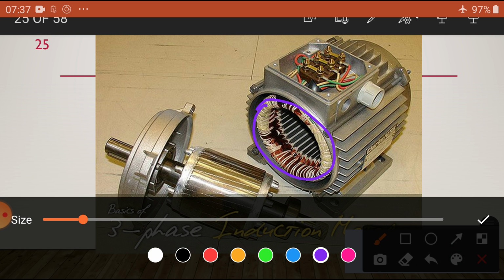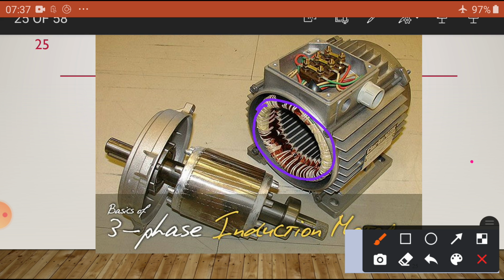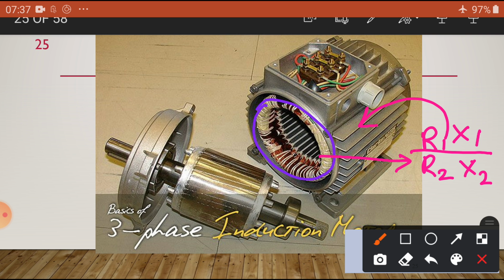What are the values of these windings? I want to know the total resistance R1 and R2, X1 and X2. R1 and X1 are regarding the primary, and R2 and X2 are the rotor values.